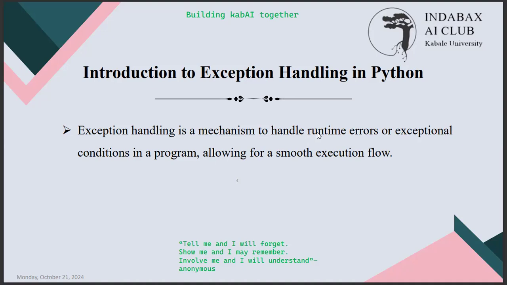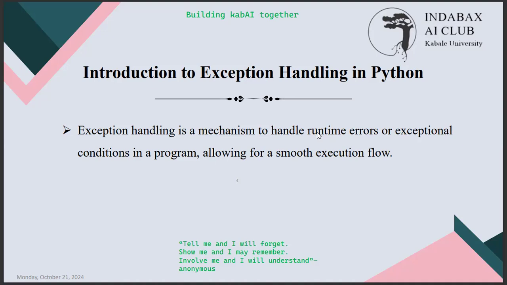That is a runtime error, and those are the type of errors that we shall be talking more about when we talk about exception handling, although we can also handle syntax errors somewhere. So when the system expects you to enter money as an integer value, and then you enter a string, it will raise an error and the system will crash. So that's what we are trying to avoid.